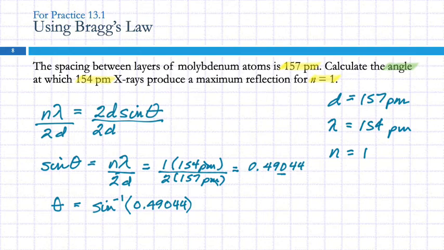So on the 36X Pro, the way you get that inverse sine is you press that button twice. The first time it gives you sine, the second time it gives you inverse sine, and you type in the numbers and press equals, and we're going to get 29.3695, and the unit there is degrees.